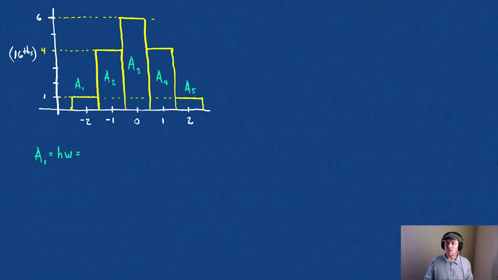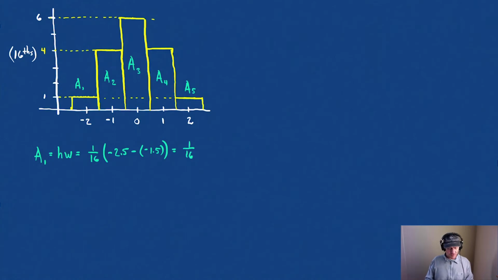Okay. Well, what is the height? The height is 1, or in this case, it's 1/16. Times the width, well, the width is from -2.5 minus -1.5. We subtract those out and we get 1. So 1 times 1/16 is 1/16.